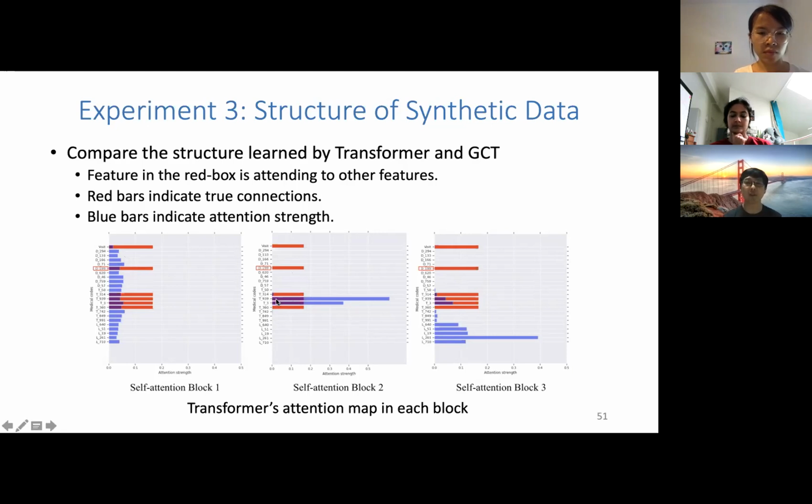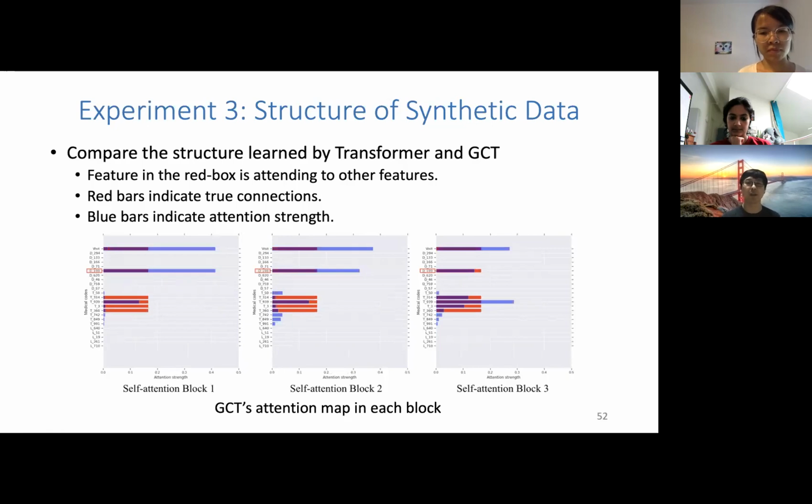It tries to focus attention on these 2 nodes, which are part of the true connections, but unfortunately it does not attend to all the other nodes. And in the third attention map, it starts to diverge. It starts to attend to other codes, which are not actually the connected codes. So the transformer is just going everywhere, basically.